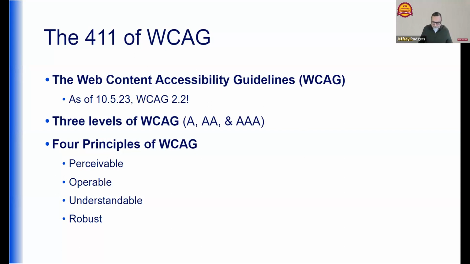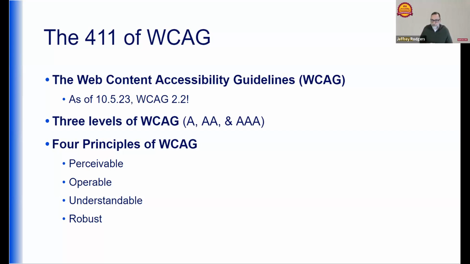So now as we get into the 411 of WCAG testing, let's first talk about what WCAG is. We probably hear that a lot, but it stands for Web Content Accessibility Guidelines. They are a set of criteria that the W3C has put out that helps showcase and define what it means to be accessible.